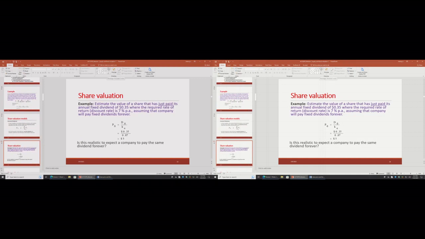So let's look at the example here. A share has just paid its annual fixed dividend of 0.35 and the discount rate is 7% per year, assuming the company will pay fixed dividends forever. Let's look at the discount rate, 7% per year. You need to identify whether this is nominal or effective.